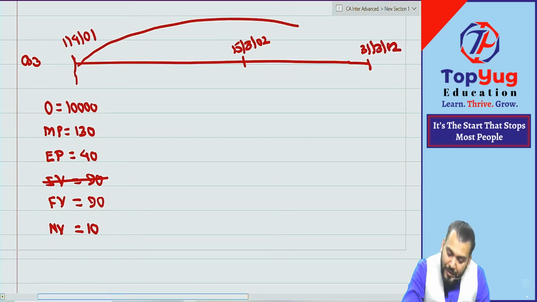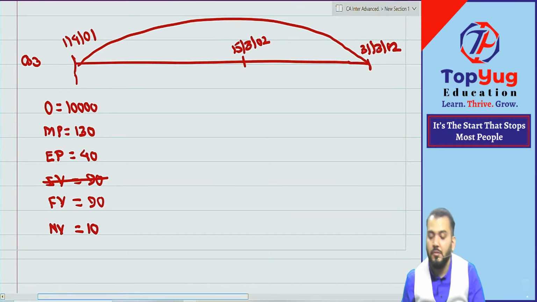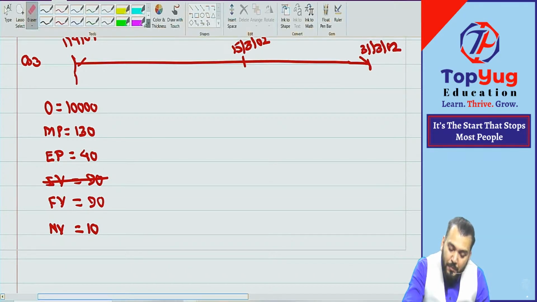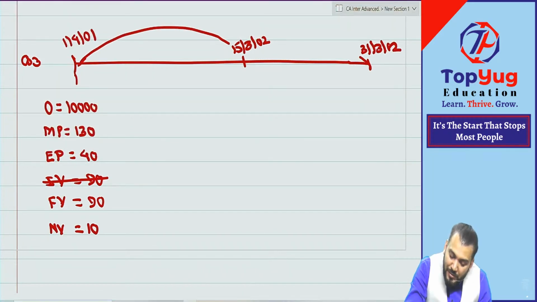So you can see this is 1 year. And one thing is clear that up to this is the vesting period and this is the exercise period.